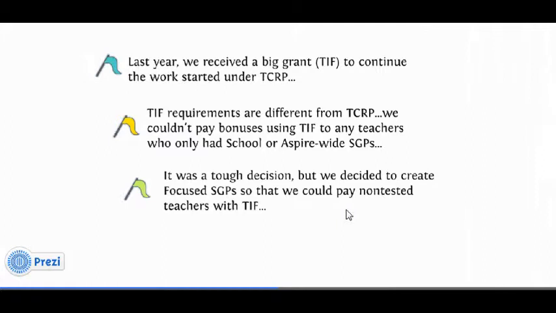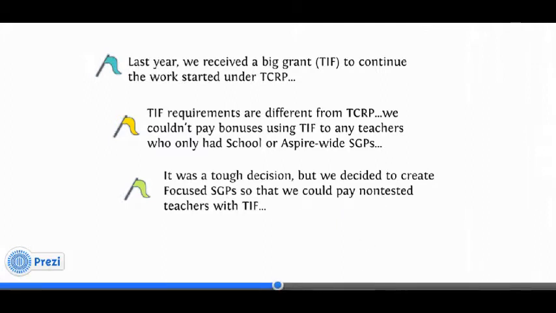And this was a challenge because we had been planning on paying all of our bonuses using TIF, and we weren't sure that we could cover all of the bonuses using the remaining funds out of Gates. So we went back and forth about what to do, and we ended up landing on a focused SGP because it counts as an individual growth score in the eyes of TIF and allowed us to pay bonuses using those funds.